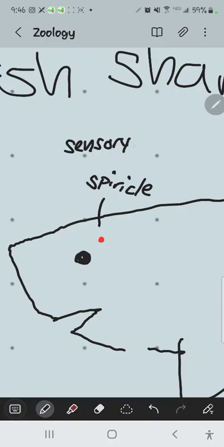In association with the nostrils, you'll find these nostrils or nares. So for smelling, sharks have a very, very good sense of smell. And not only do they smell chemical cues, they can also technically smell electrical discharge.